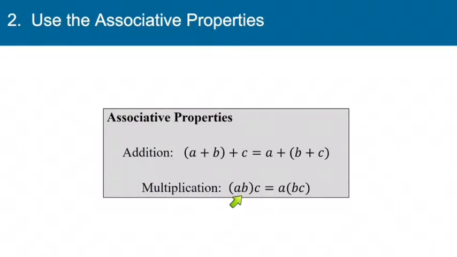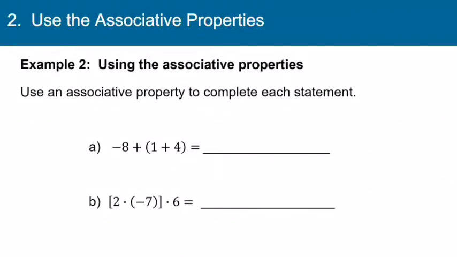So if you have A times B times C, you can either group A times B together and do that first, or you can group B times C together and do that first, and whichever way you group it, you'll get the same answer. So here in example 2, let's use the associative property to complete each statement. Now remember, in the associative property, we will not change the order of the numbers because that would be the commutative property. We will only change what's grouped together.